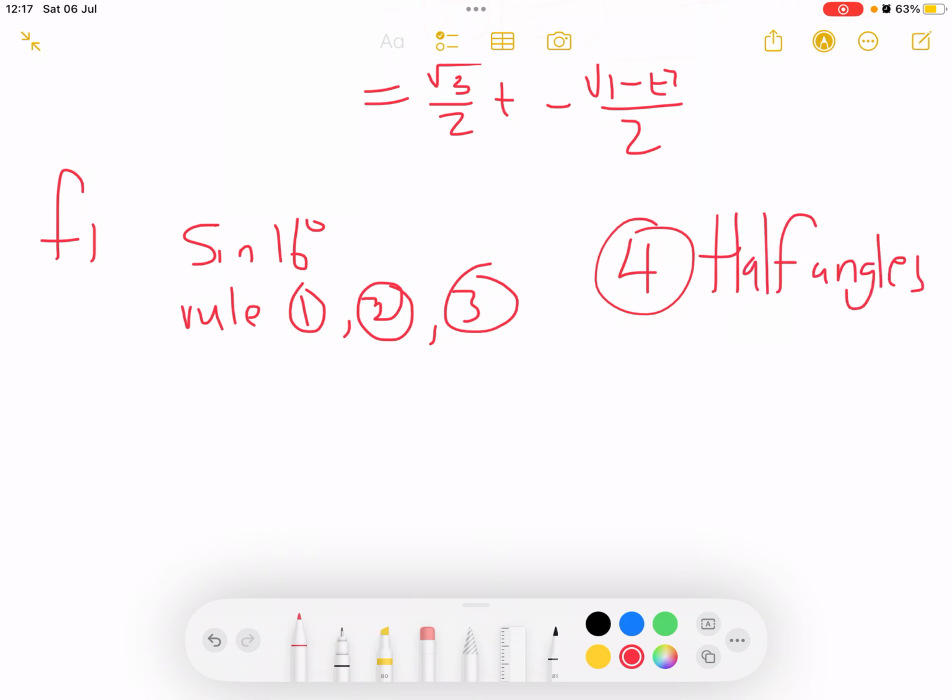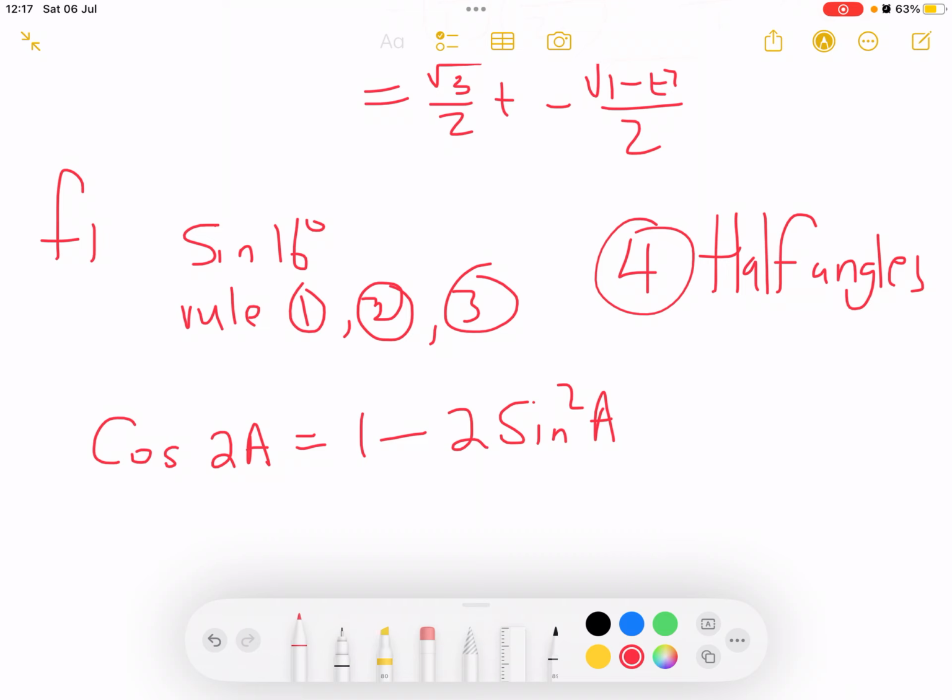Okay, how do we perform half angles? Let's say you have cos of 2a. Cos of 2a is represented by 1 minus 2 sine squared a.